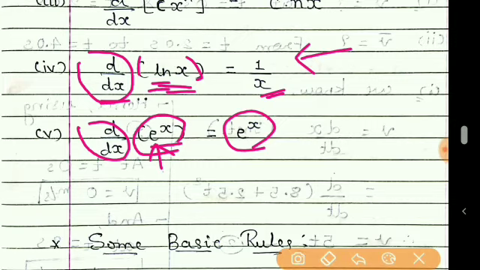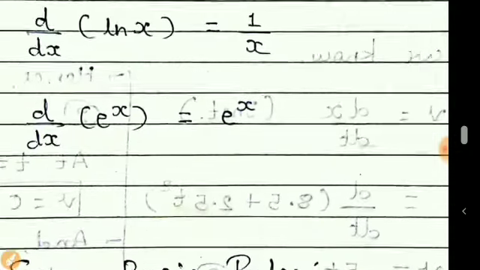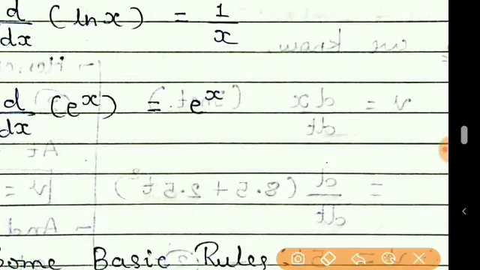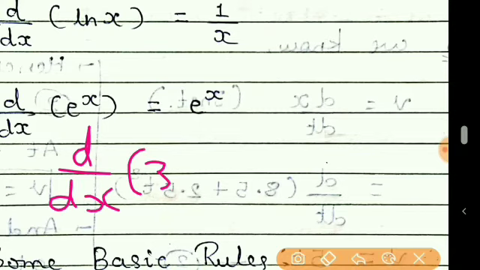I hope you understood this. Still, let us take an example for this last one. If it is d by dx of 3 e raised to 2, now what will be the answer? 3 is a constant, so it is taken out, and now it is e raised to 2. Now see here, this is not x, it is e.